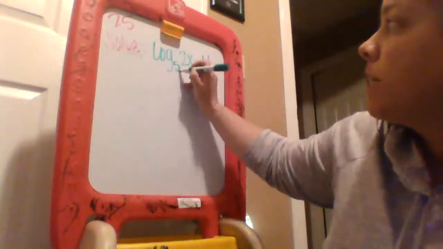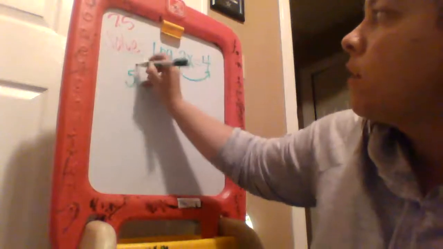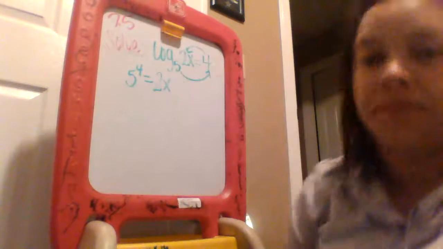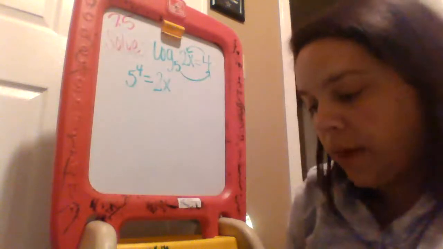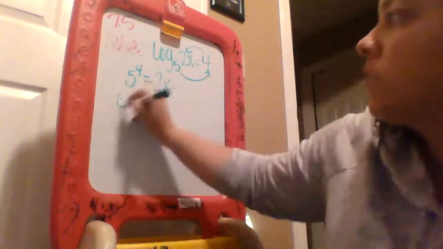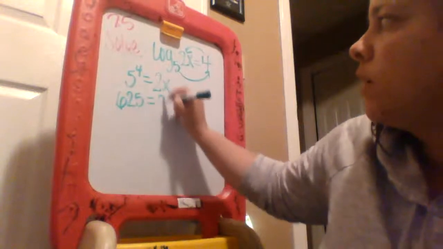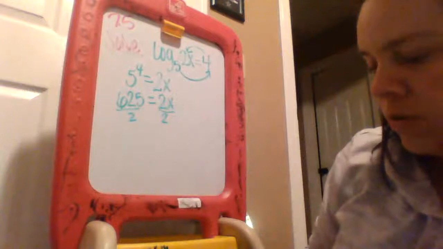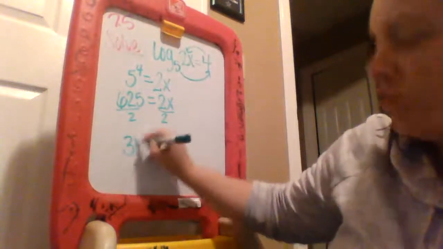So I'm going to change this by saying 5 to the 4th power equals 2x. And then 5 to the 4th power is 625 equals 2x. And then I'll divide by 2. And I got 312.5.